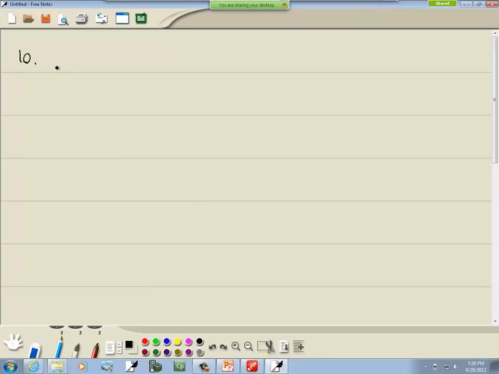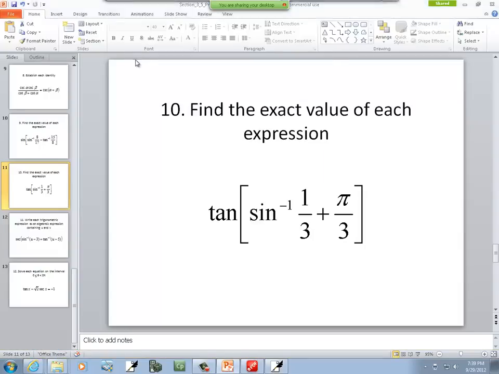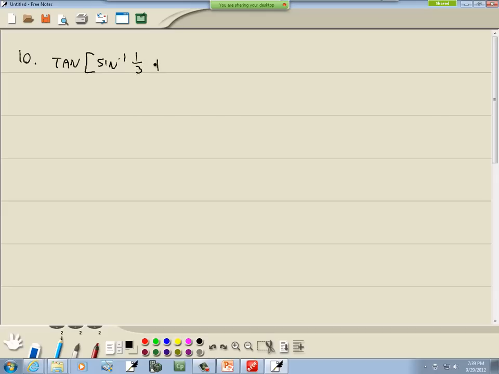Okay, so we got tangent of the inverse sine of 1/3 plus pi over 3. Now this is going to be our alpha right here, and this will be our beta. So let's write down our formula.